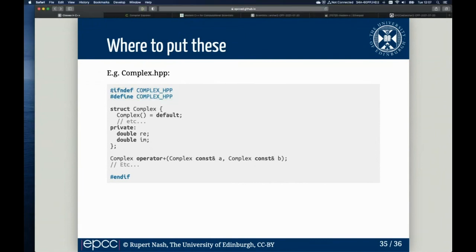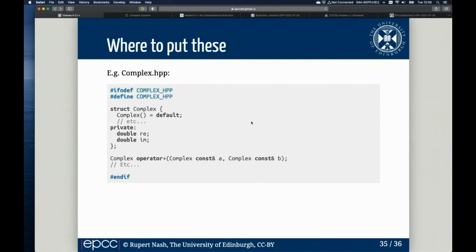So at the top, we have a little bit of boilerplate, which is here. This is called an include guard. And what this says, and it's talking to the preprocessor here, not the compiler technically, is that if the following symbol is not defined, complex_HPP, so this name needs to be unique for the header file in your project.